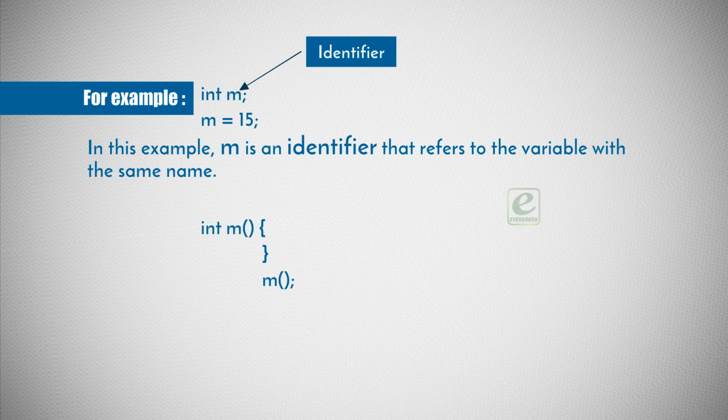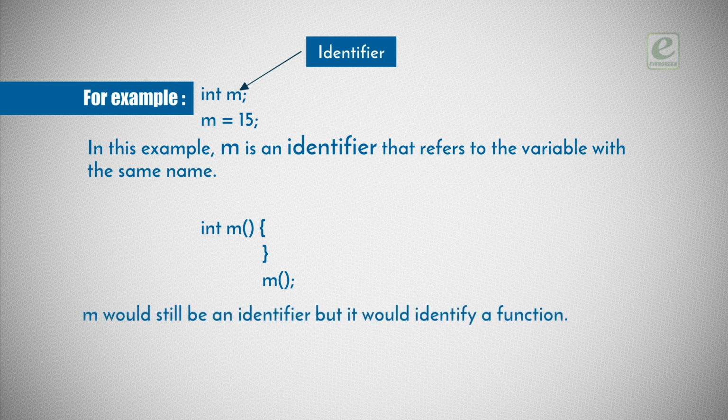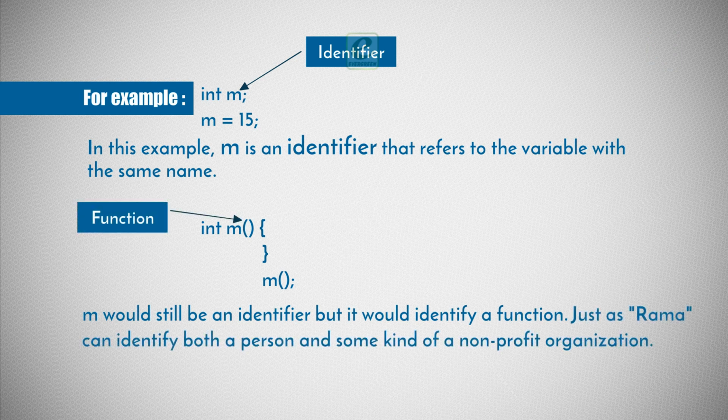In int m() { } m(); m would still be an identifier, but it would identify a function. Just as Rama can identify both a person and some kind of non-profit organization.